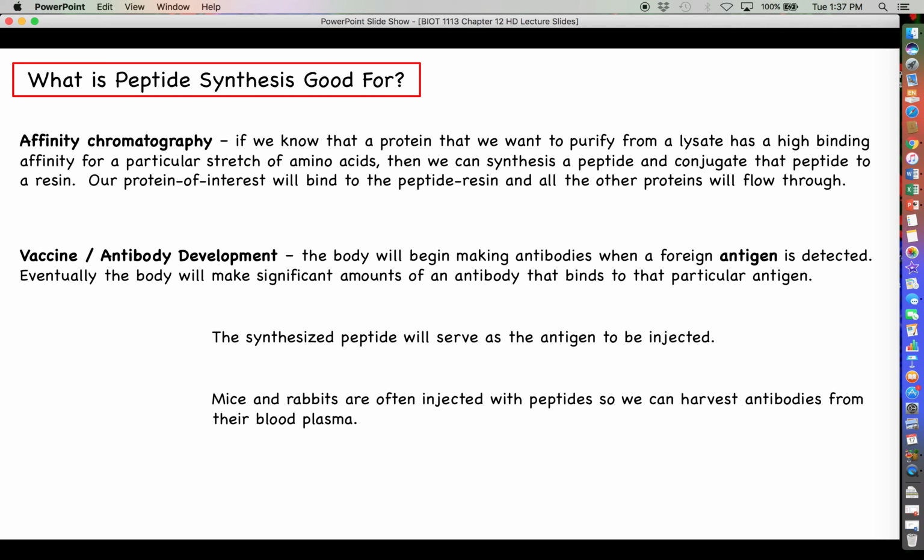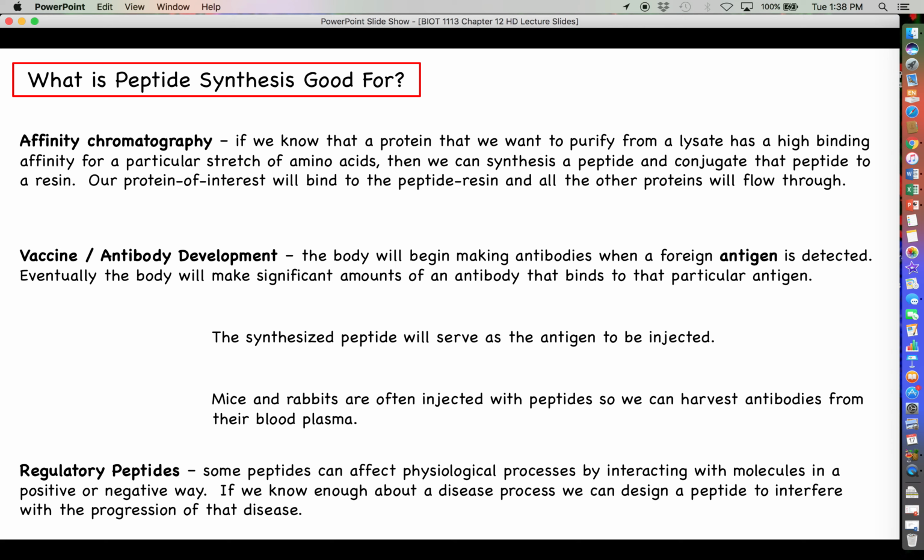So for example, if you're wanting to do an ELISA or a Western blot against a particular protein, but no commercial antibody can be bought for that particular protein, then you can actually synthesize a peptide from that protein and get rabbits or mice or donkeys or whatever to generate antibodies, and then you can use that antibody once you've purified it in ELISA or Western blot or other antibody-using applications later on.